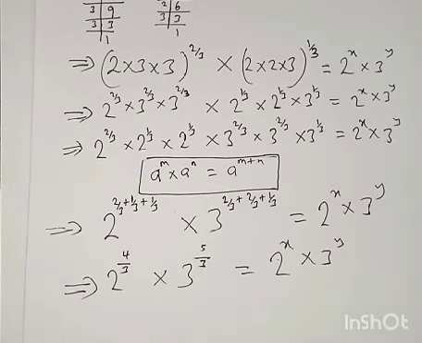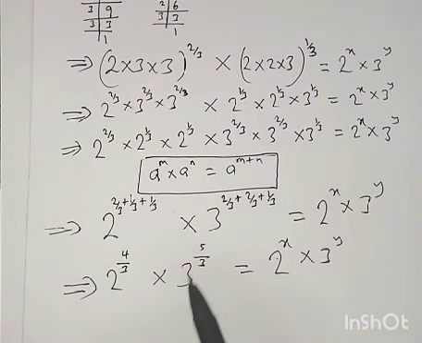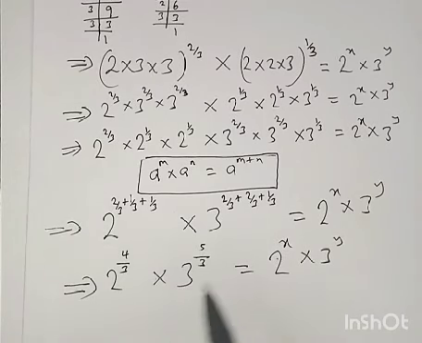So now from here, you compare the left hand side to the right hand side. This is 2 power something, this is 2 power something. Multiply by 3 power something, this is multiply by 3 power something. So in place of x, you have 4 over 3.